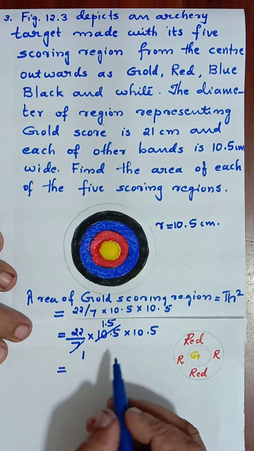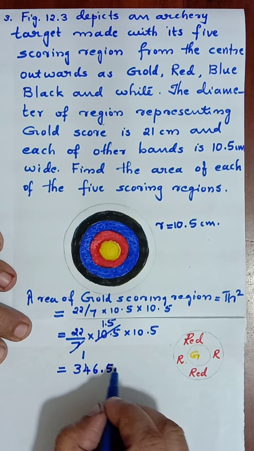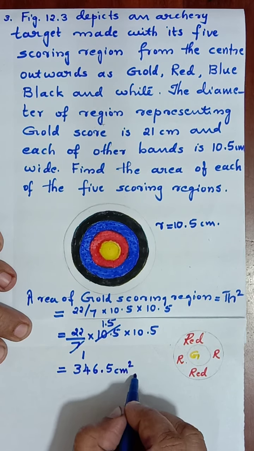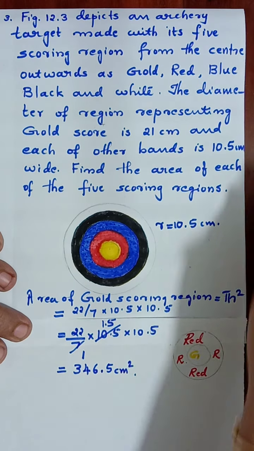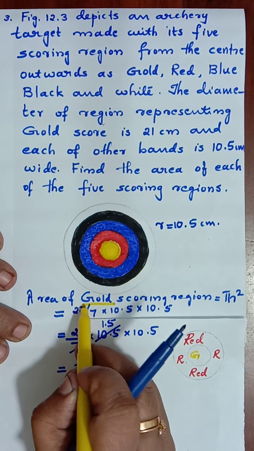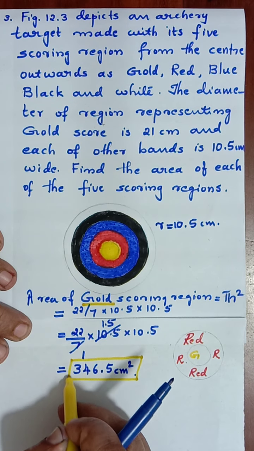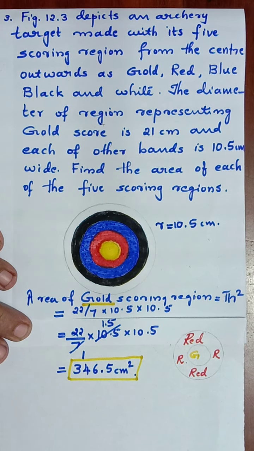When you multiply, you will be getting the answer as 346.5 cm square. That is the area of the gold scoring region. Gold scoring region area is equal to 346.5 cm square.